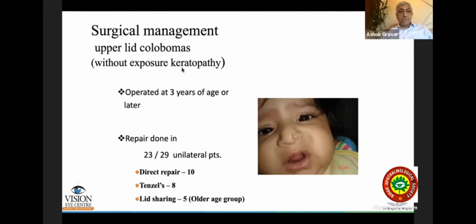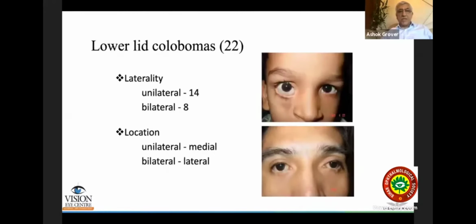Those without exposure keratopathy were operated later, and in these 23 cases, we did direct repair or Tenzel's repair. These being smaller defects are more amenable to procedures where lid sharing is avoided. Lid sharing was only done in older age groups or those with exposure keratopathy where we were not causing any further amblyopia due to occlusion of the visual axis.